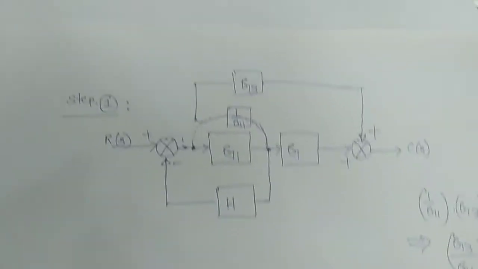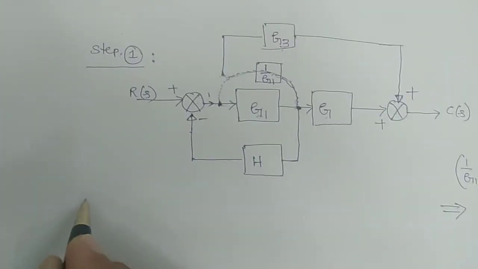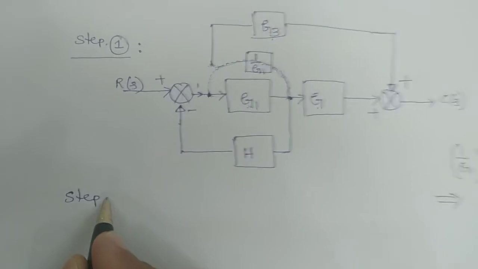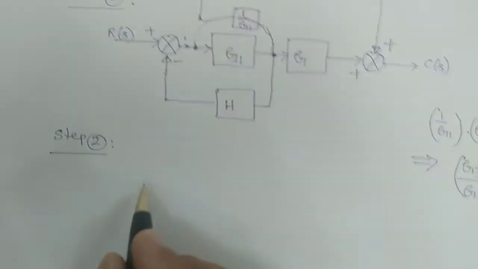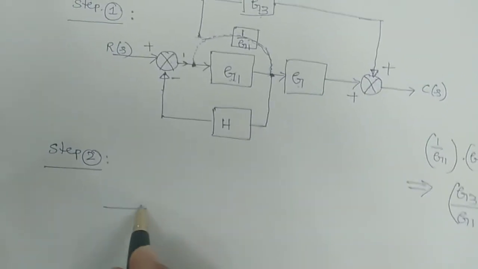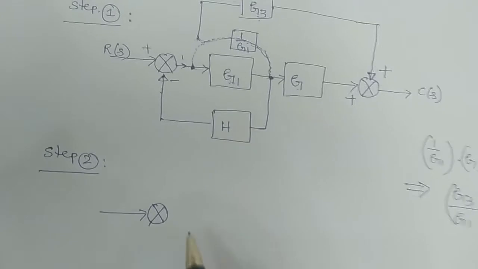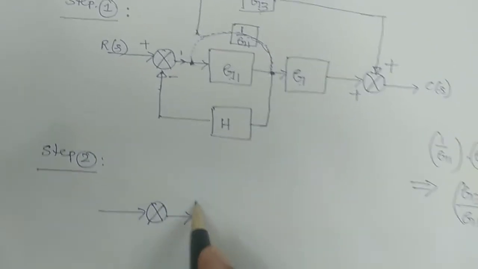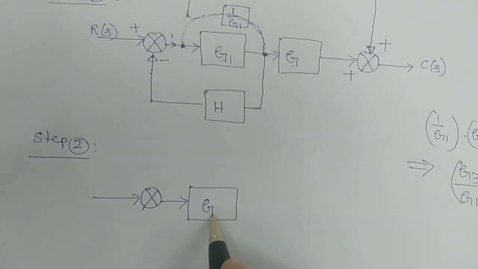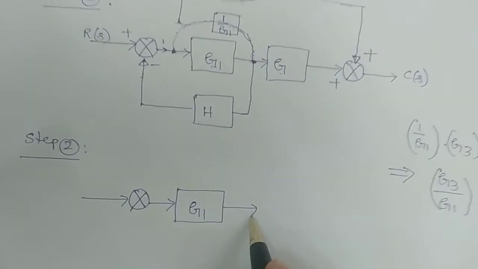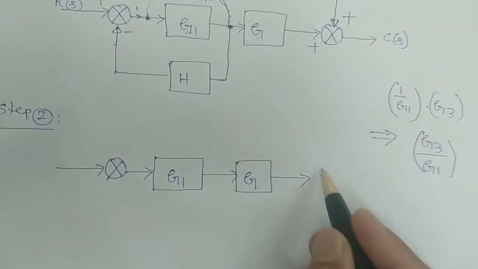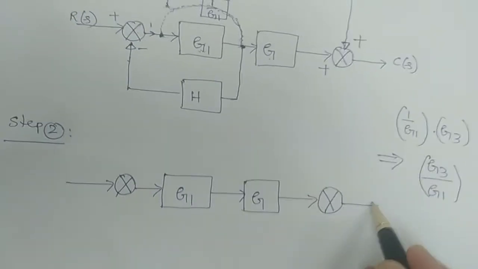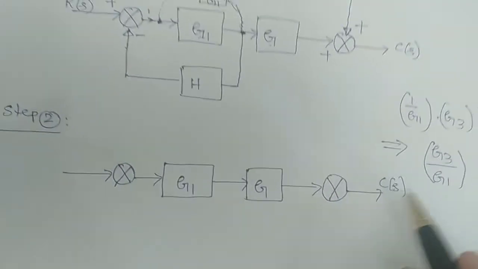In step 2, I will show you for your understanding. I will show you the same block diagram here, with the same summing point, and then your G1 and your G, and then your summing point. This is your C of S, is it not?